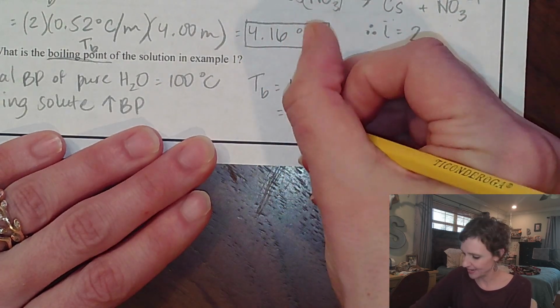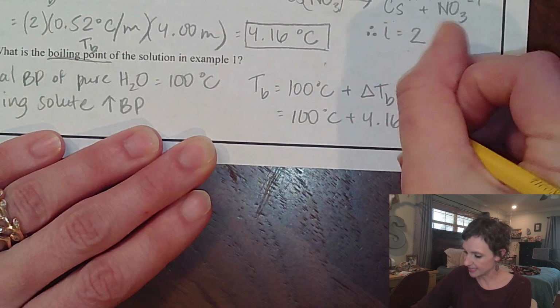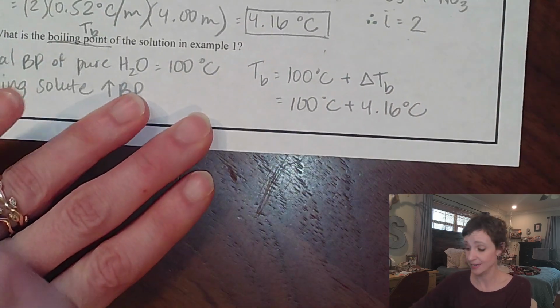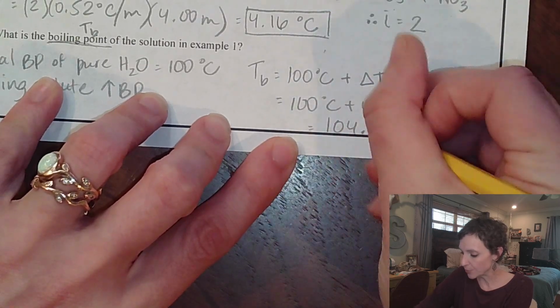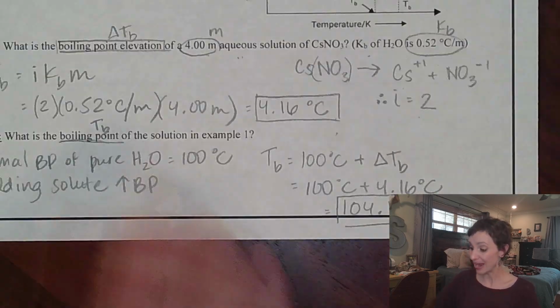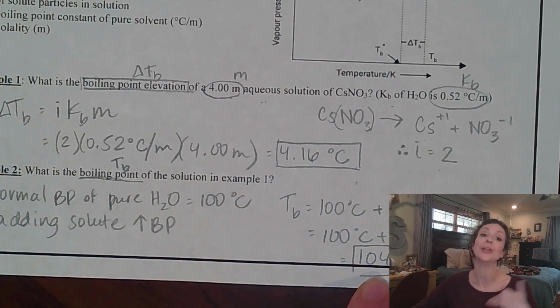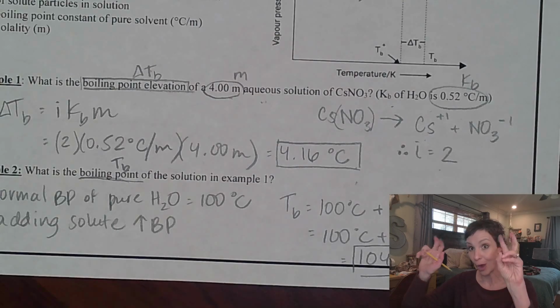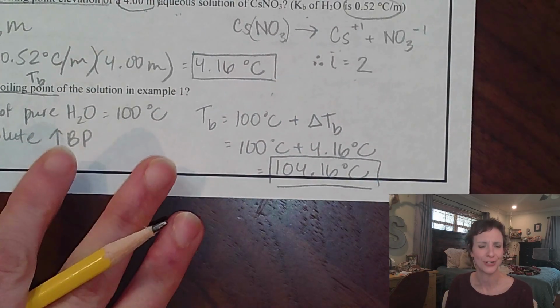So all I'm doing here is 100 plus 4.16 degrees Celsius. I do not even need to use my calculator. That is literally 104.16 degrees Celsius. Okay, so that means by adding that amount of cesium nitrate, I now have a new boiling point for that water, or that solution containing water, of 104 degrees Celsius.